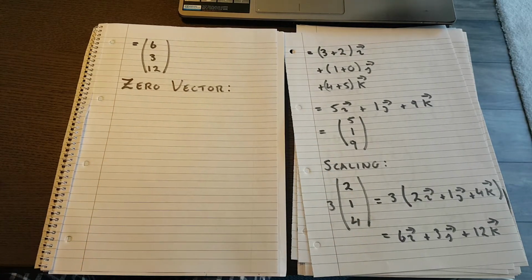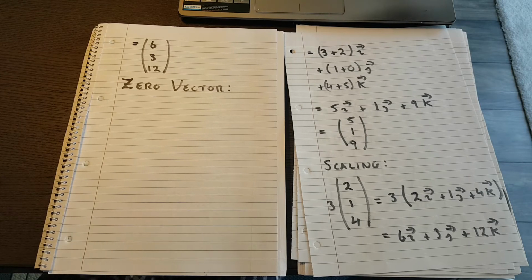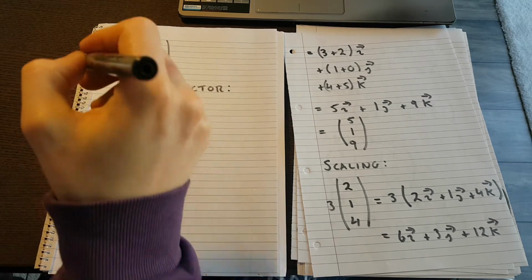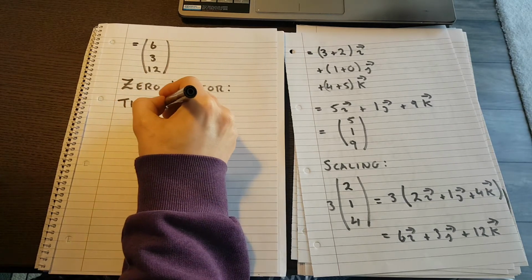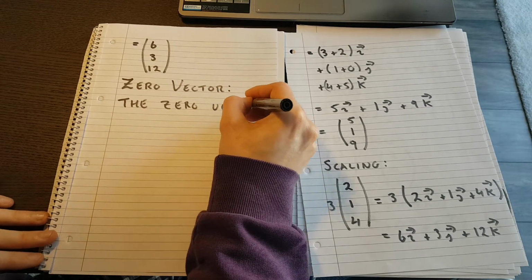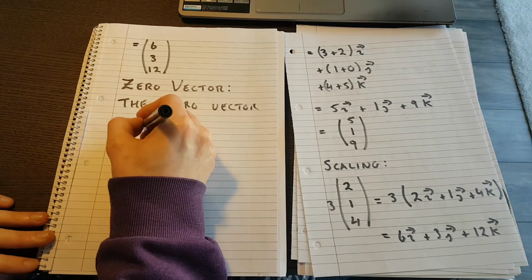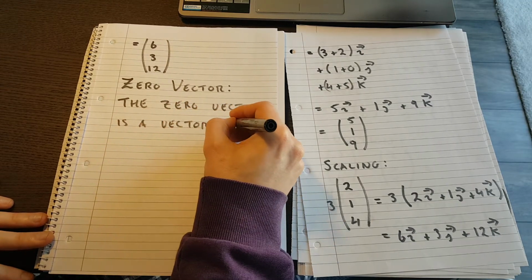Anytime you have addition, you need something which behaves like 0 in order to get a useful system. So what does that look like? Very simply, the 0 vector is a vector of all zeros.